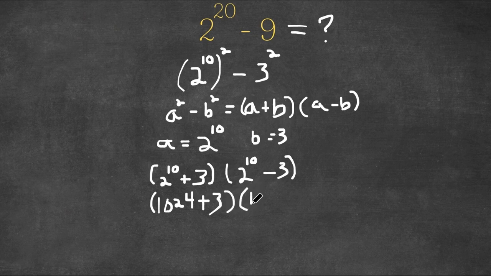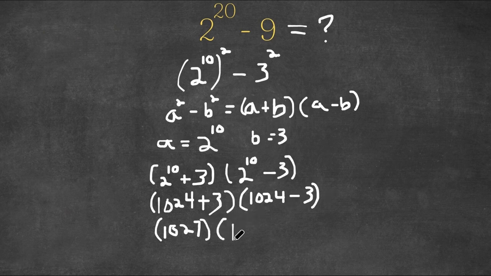And now we have 1024 minus 3. Now, 1024 plus 3 is 1027. And 1024 minus 3 is 1021.